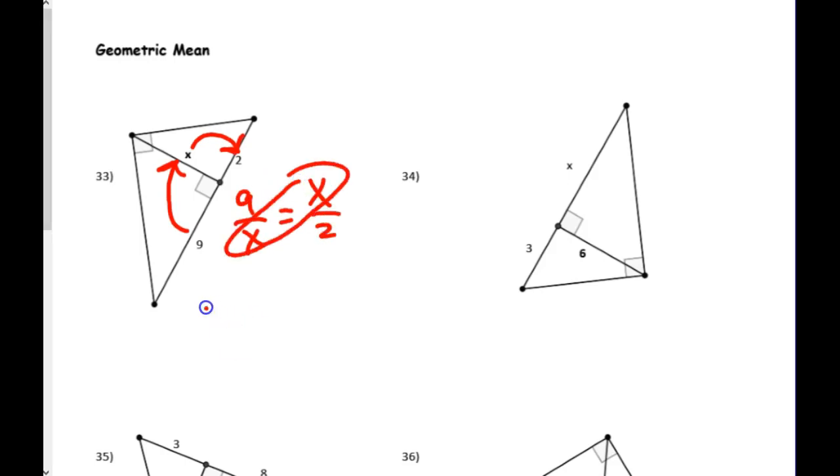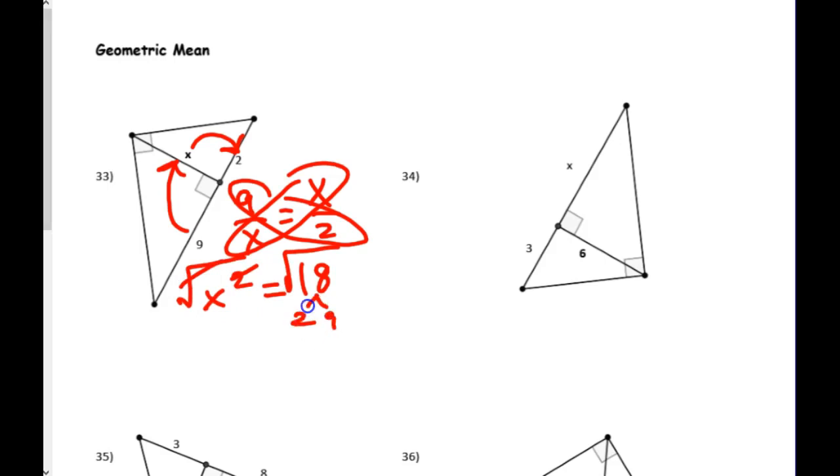Cross multiply, x squared equals 9 times 2, 18, square root, to get rid of a square, 2 times 9, 3 times 3, pair of 3, x is 3 square root of 2.